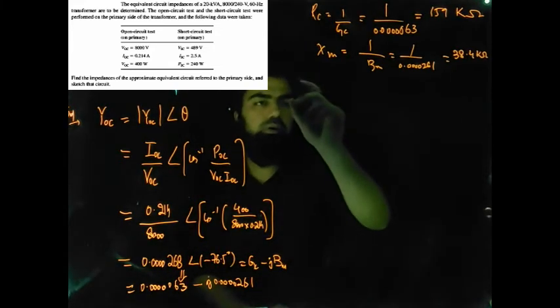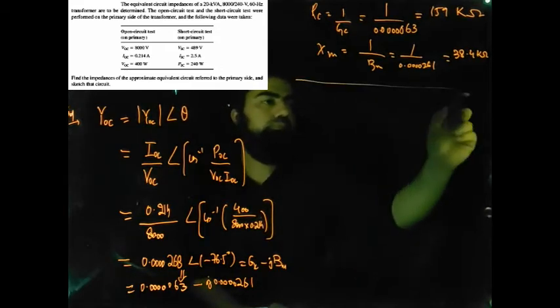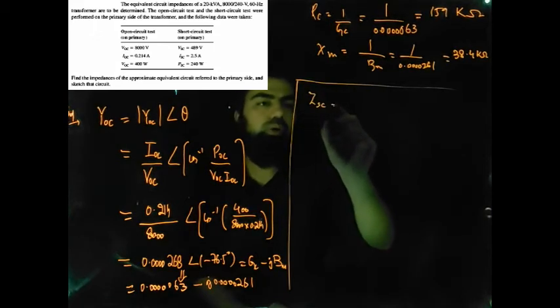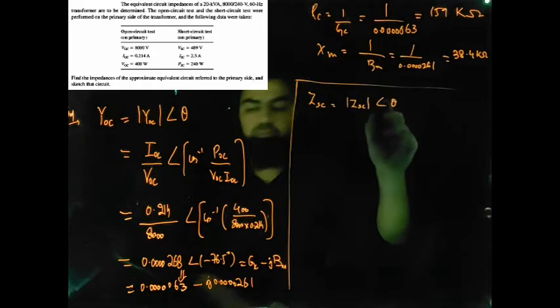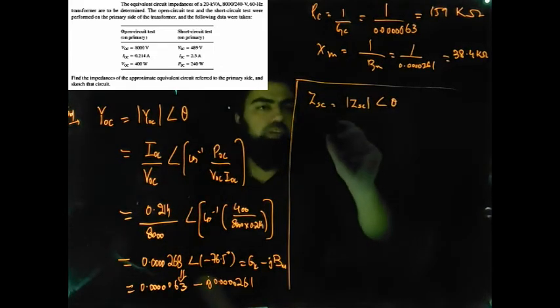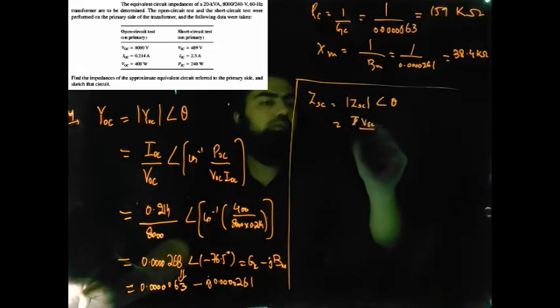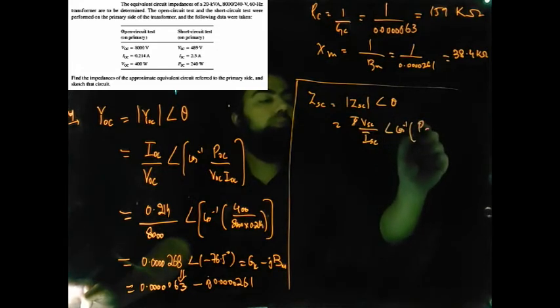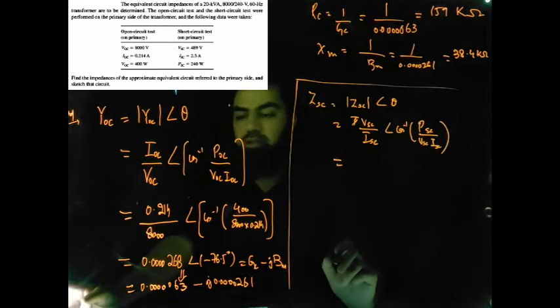Now analyzing the short circuit test, we can say ZSC is equal to ZSC angle theta, where ZSC is given by VSC divided by ISC, and the angle is cos inverse of PSC divided by VSC into ISC. So VSC has been given to us.